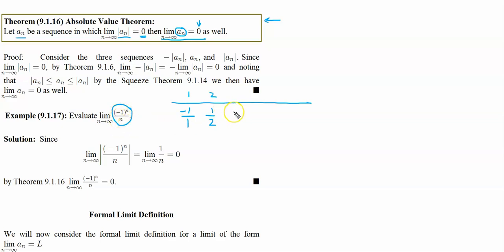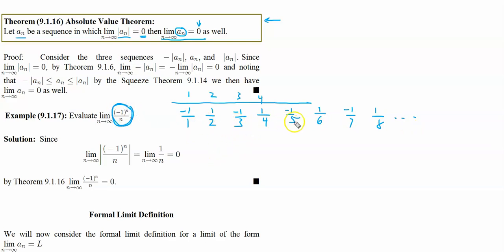Divided by 3, so we get -1/3. That's when n is 3. Then when n is 4, if we put 4 in here for n, we get -1 to the 4th. Well, that's going to be 1 again over 4. And then the next one, of course, would be -1/5, 1/6, -1/7, 1/8, and so on. And so that's the sequence of numbers that this is generating.